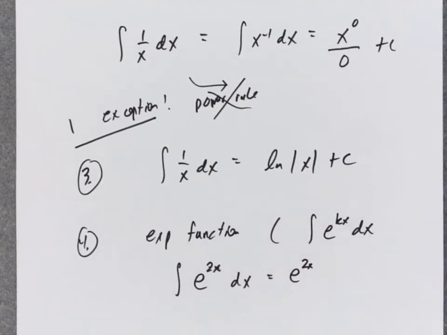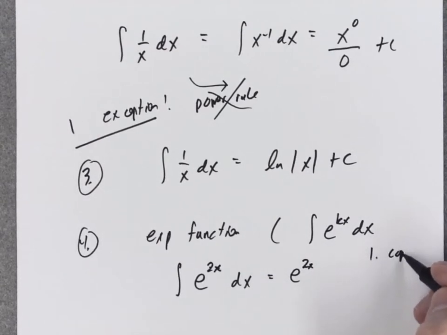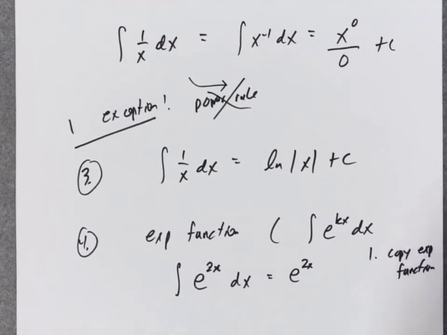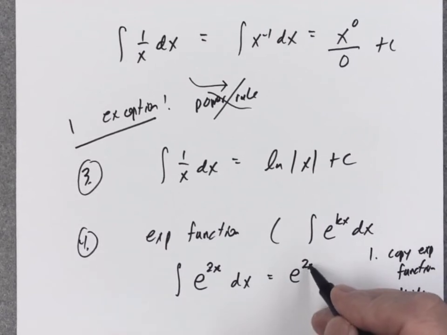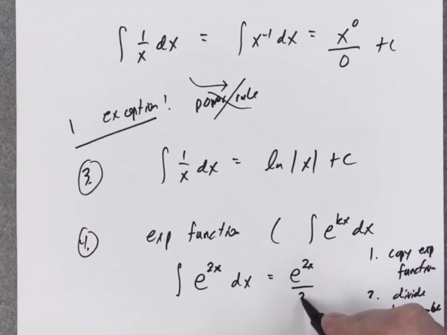Because when you have that, you simply copy. Maybe I'll do the steps. Copy the exponential function and then you divide by the number in the exponent. What's the number in the exponent? 2. So you divide by 2.